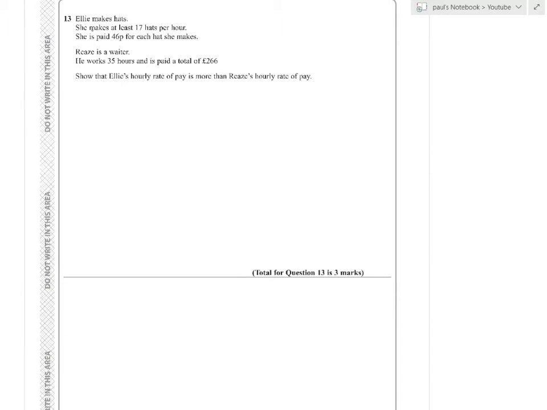Ellie makes hats. She makes at least 17 hats per hour. She's paid 46p for each hat she makes. Ray is a waiter. He works 35 hours and is paid 266. Show that Ellie's hourly rate is more than Ray's hourly rate. So we've got 17 times 46 pence for Ellie. So 17 times 46 pence is £7.82.